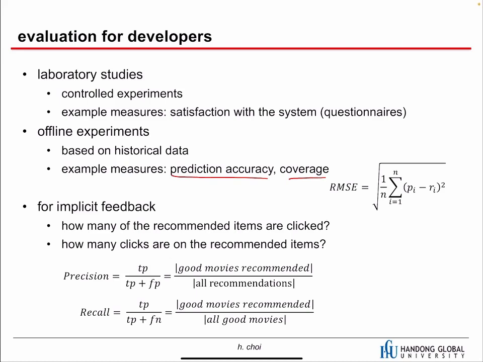So far, we talked about explicit feedback. When there is explicit feedback, we can try to estimate the feedback. But if it is implicit feedback, there's no such thing. So we cannot evaluate the recommender system based on accuracy or RMSE. Because the question is, how many of the recommended items are clicked, or how many clicks are on the recommended items? These two questions are important, and there's no way to evaluate them.